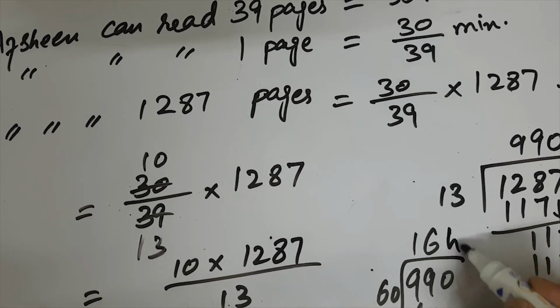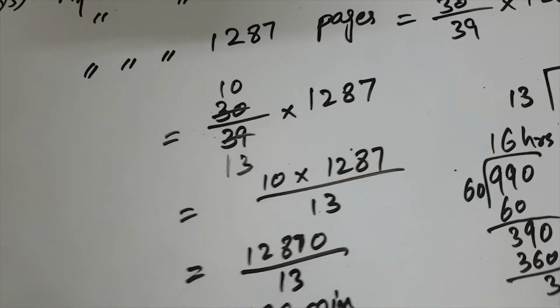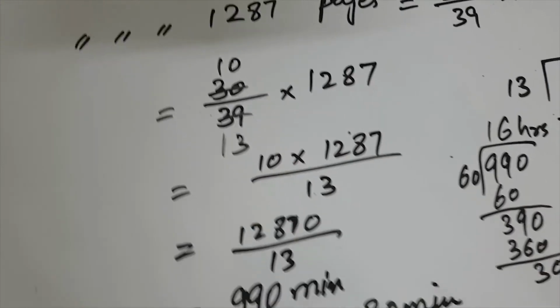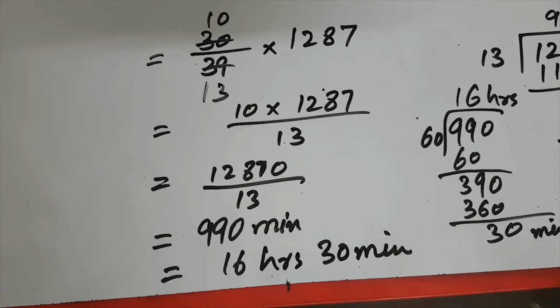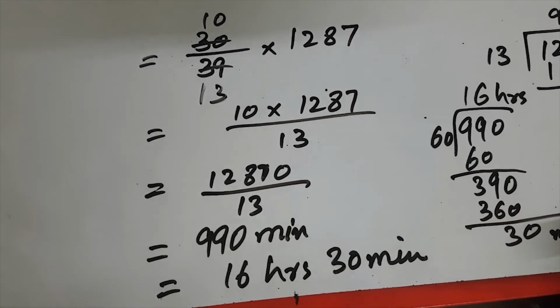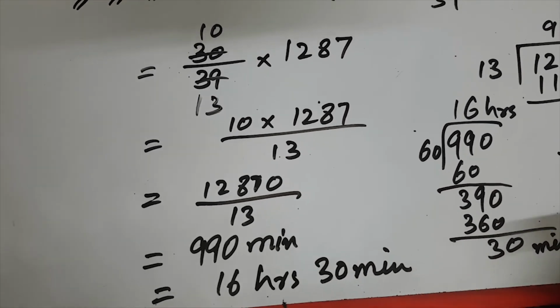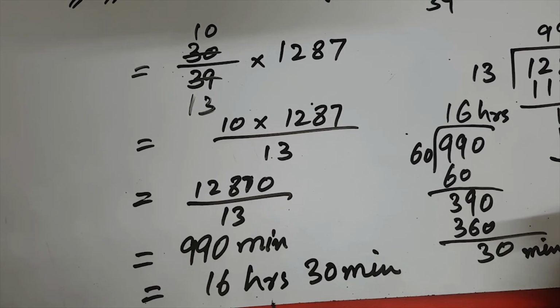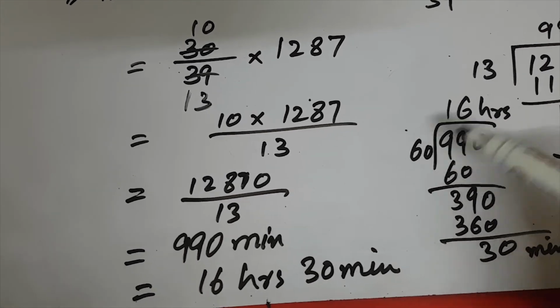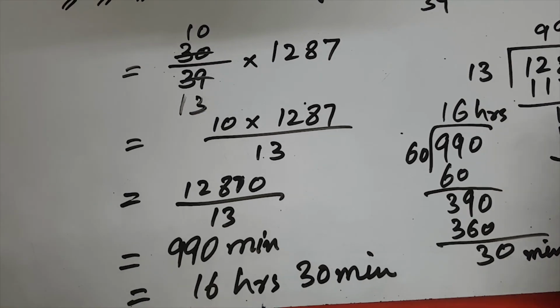So these are the hours and these are the minutes. So she can read all pages in 16 hours and 30 minutes. So now in the end you change your minutes into hours and minutes by dividing 990 minutes upon 60, which gives 16 hours and 30 minutes.